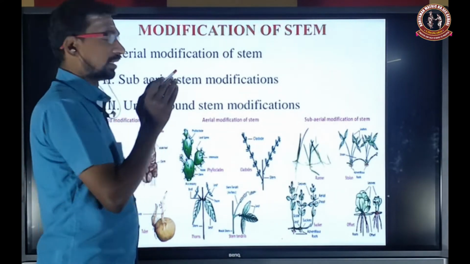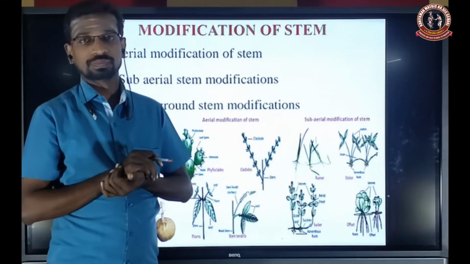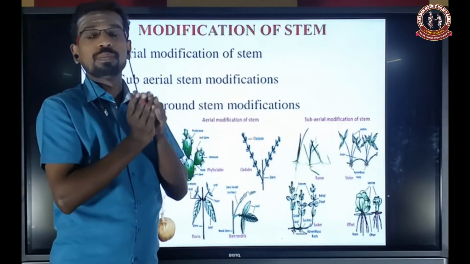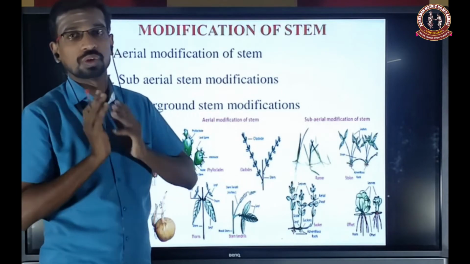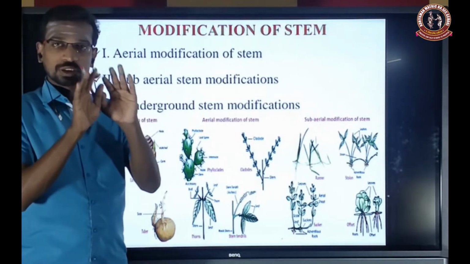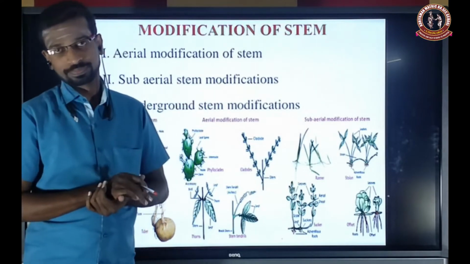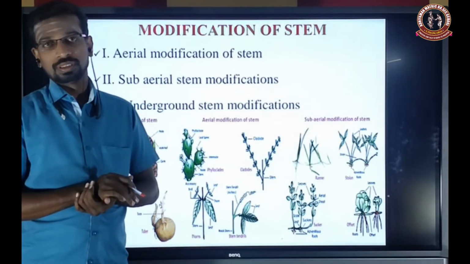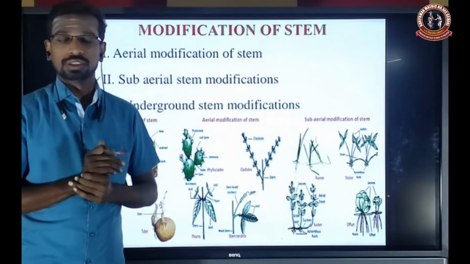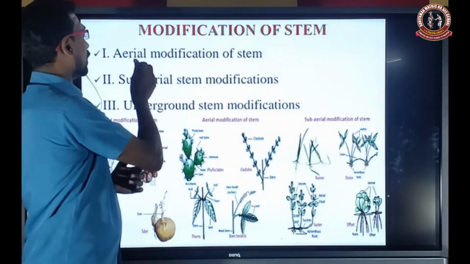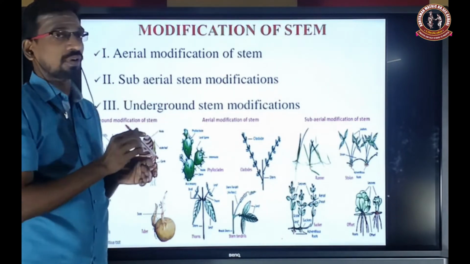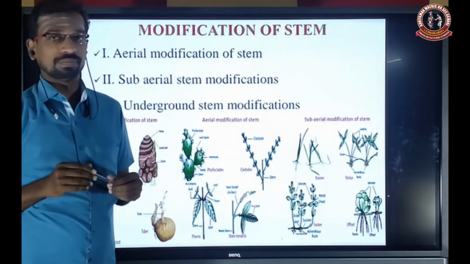In subaerial, it is slightly different. Some part of the stem is present above the soil, some part below the soil. In underground, the entire stem is present inside the soil. Only the leaf-like part is present above the soil. So these are the three main types of modification of the stem.